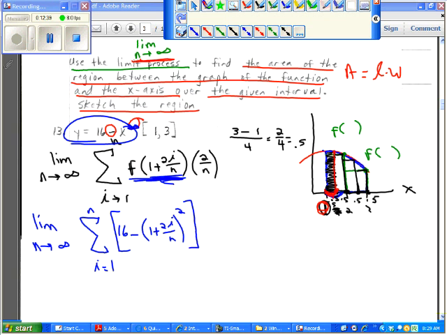The summation of my length times my width of 2 over n. Okay? Notice that my counting mechanism is still in there. So we have the function value at the right edge of each of those rectangles times the width of each of those rectangles.